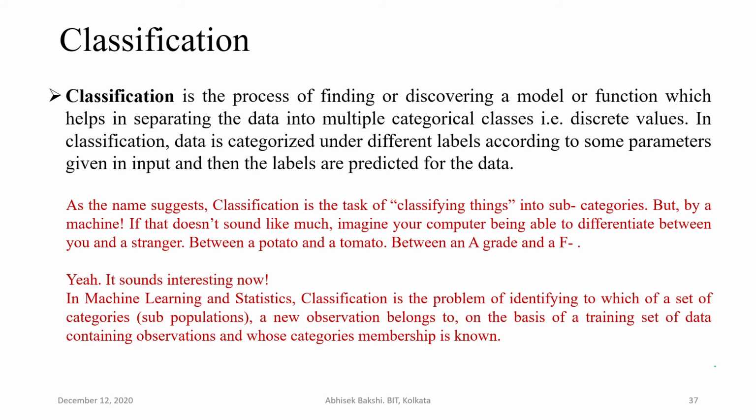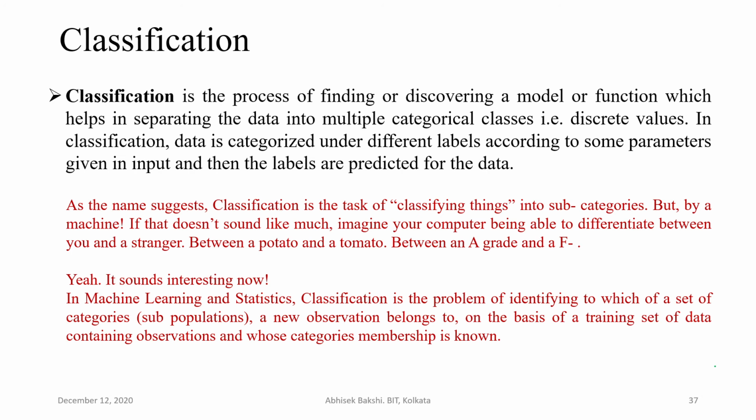So what is classification? Classification is the process of finding or discovering a model or function which helps in separating the data into multiple categorical classes, that is, discrete values.